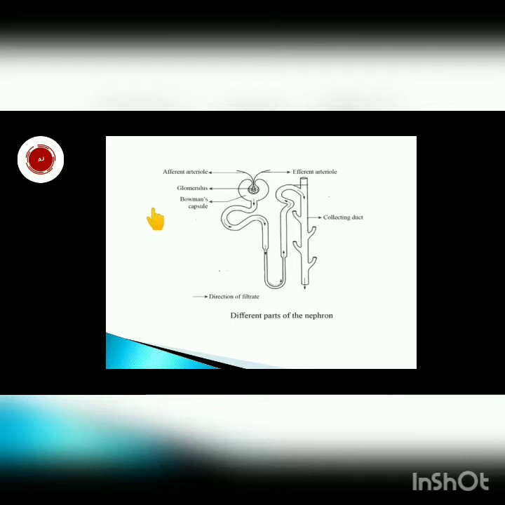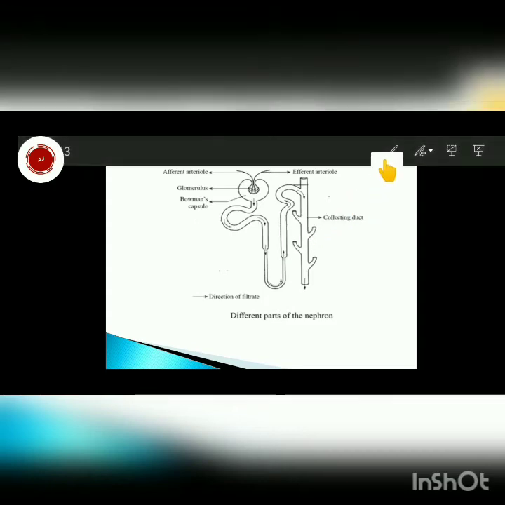Now the main structure I have to show you. You can see this afferent arteriole, the artery which enters the kidney and divides into smaller ones. One branch of this artery comes inside Bowman's capsule, and here it divides into capillaries and forms a ball-like structure of capillaries.